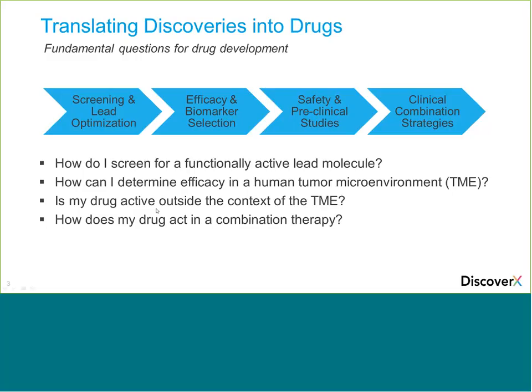And questions around how the drug might behave outside the context of the human tumor microenvironment. And then finally, how does this drug interact in a combination therapy, which I'll be addressing as well.